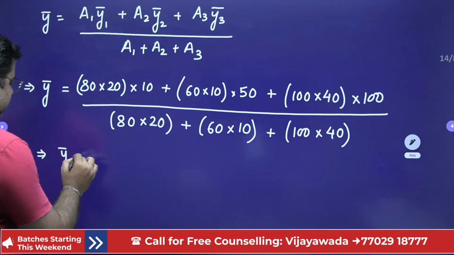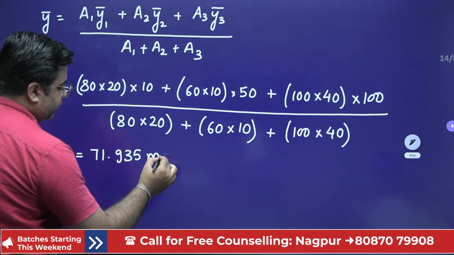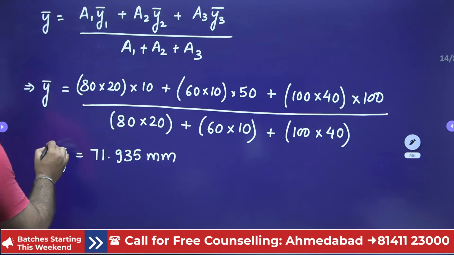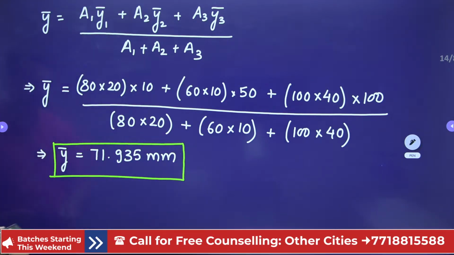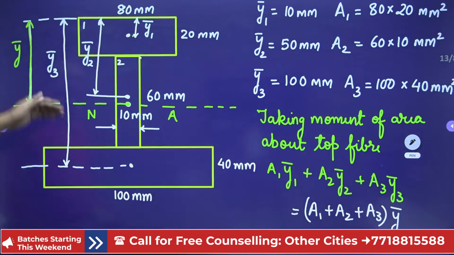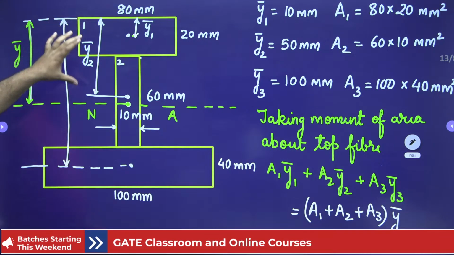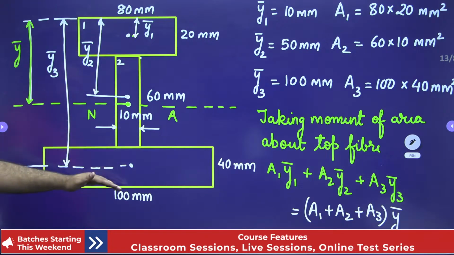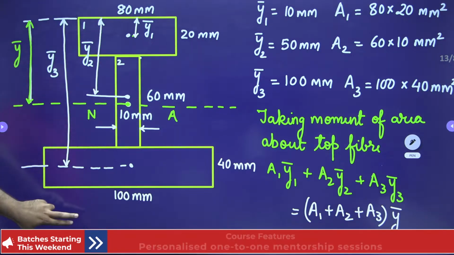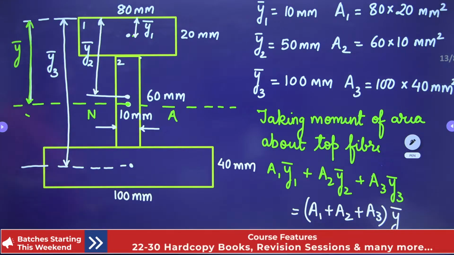Y bar is 71.935 mm. This is the position of your neutral axis from the top fiber. If you locate the total height, this is 20 mm, 20 plus 60, 80, 80 plus 40, 120 mm. So the total is 140 mm. Y bar is 71.935 and this distance will be 120 minus 71.935.